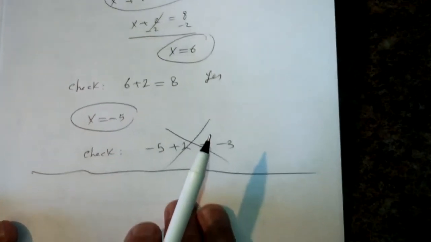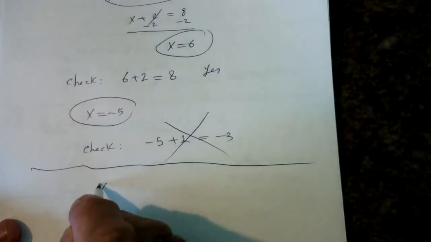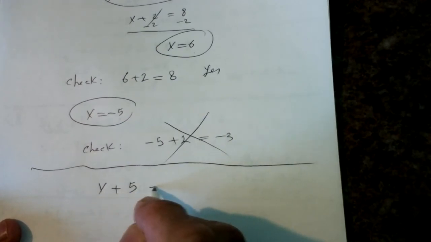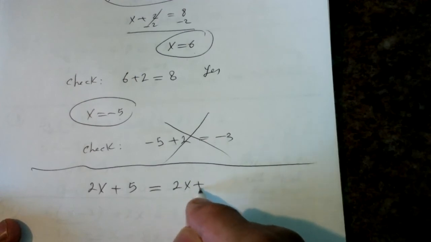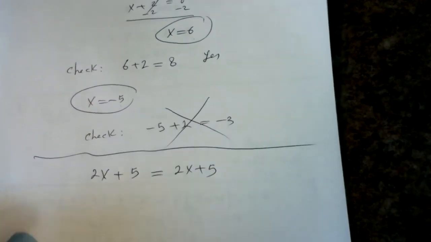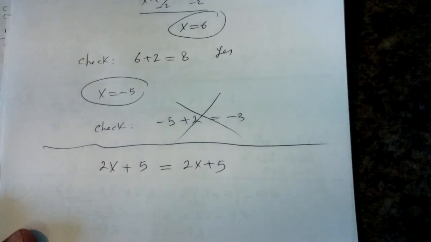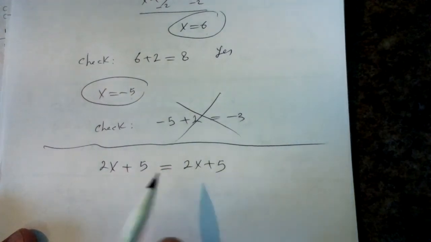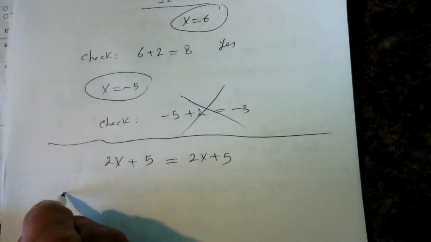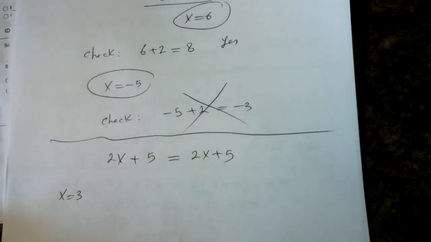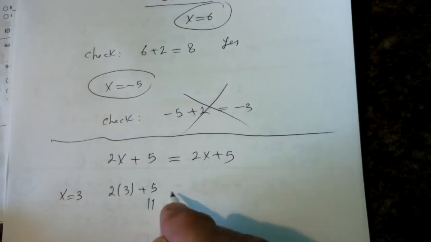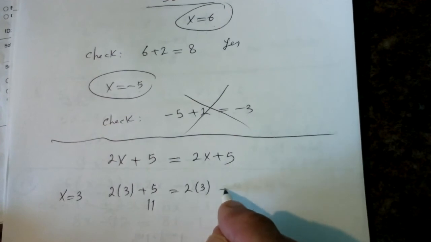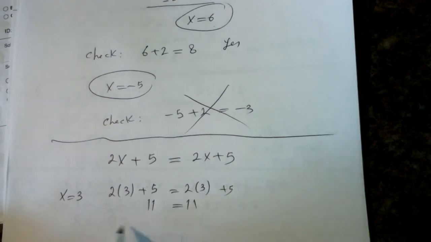Well, let's look at this. Can you find a number that when I substitute for x, both sides are equal? Yes, x equals 3. Okay. Yes, you're right.